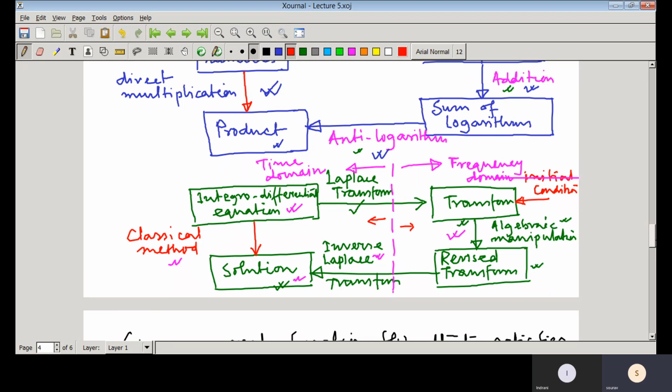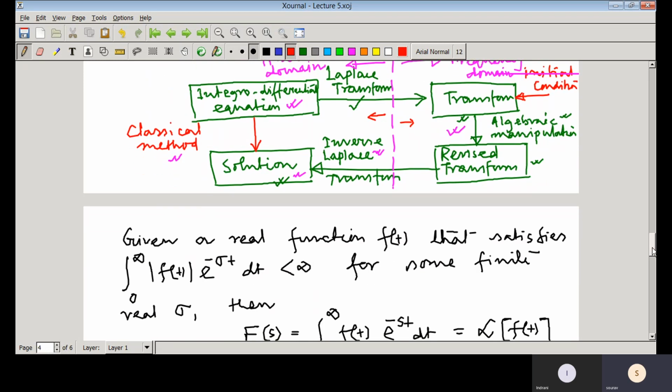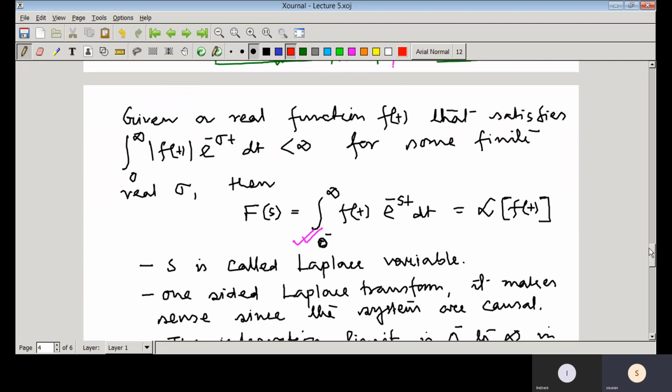And here we have pointed out some features of that Laplace transform, and this is actually the condition for which the functions for which this condition is satisfied, then that function is Laplace transformable. And practically almost all physical signals are Laplace transformable.